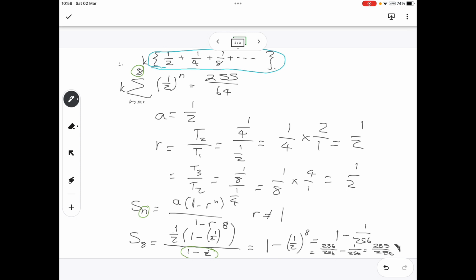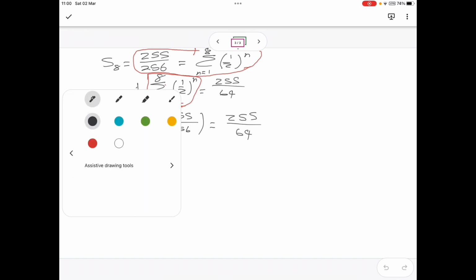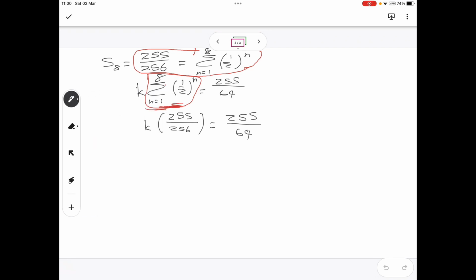And we found that it gives us 255 over 256 if we add the first 8 terms. So now that we found that out, we know that if we multiply it by the unknown k, we get 255 over 64, which is what we started with.